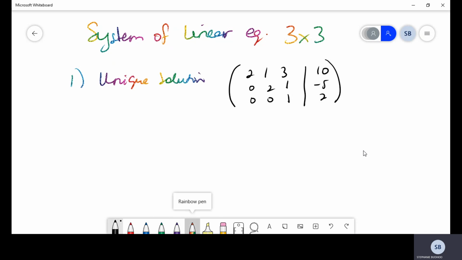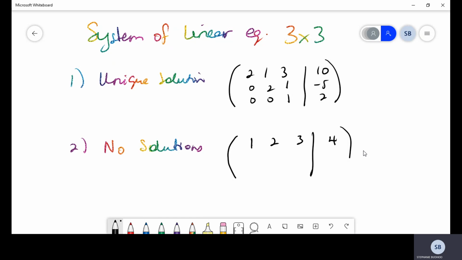The second case scenario that can happen is where, say for example, your row reduces to a situation where you're going to get no solutions. And this will take place if you have something like 1, 2, 3, and you get a value there.